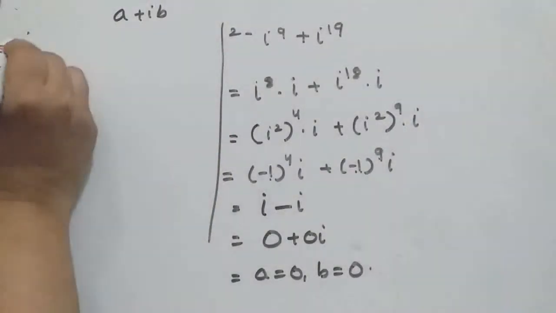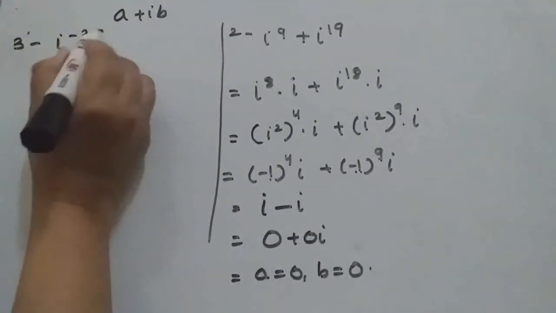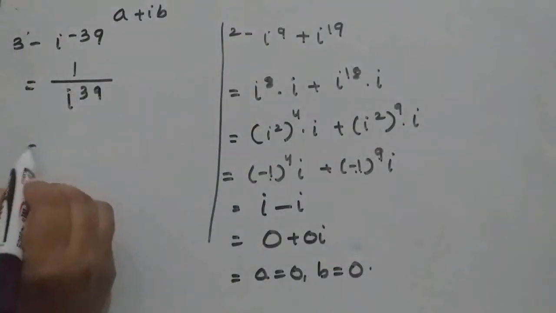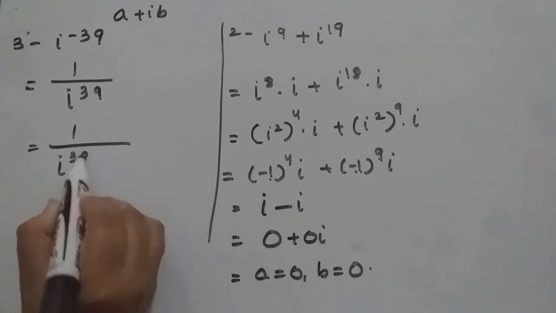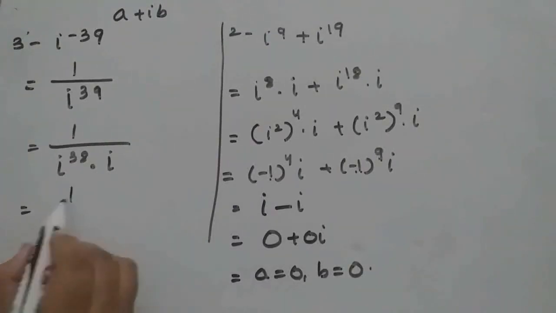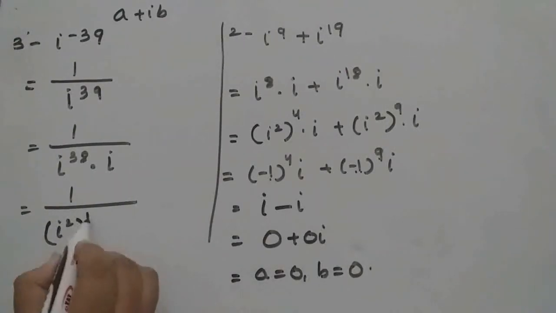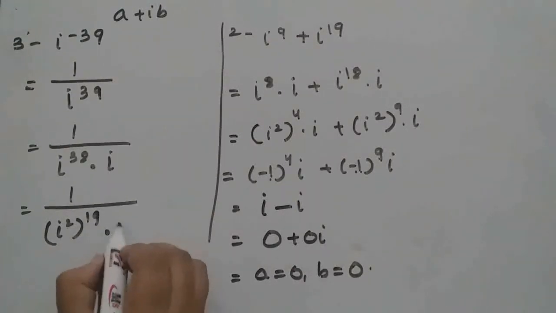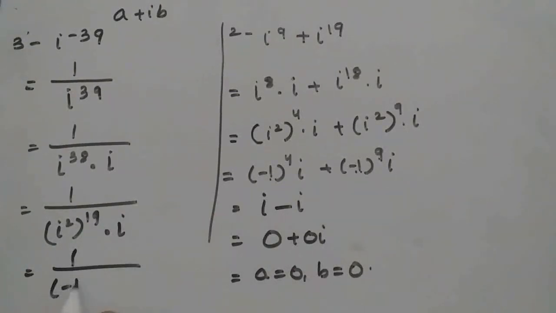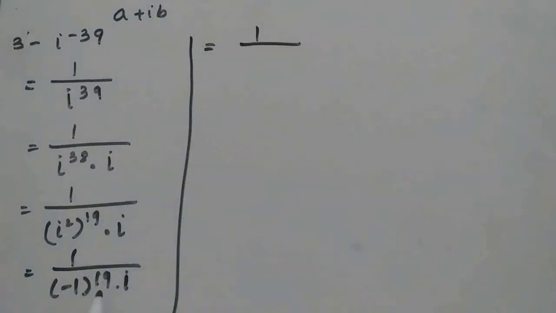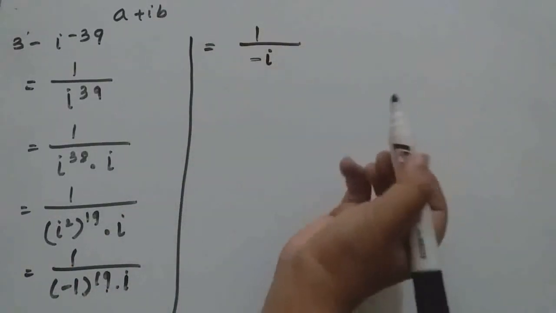In question number 3, i power minus 39. Negative power means we can write in denominator. Okay. So i power 38 into i we can write. And now this 38 we can write i square power 19, isn't it? But i square is minus 1. So odd power, so this will give minus answer, minus i.